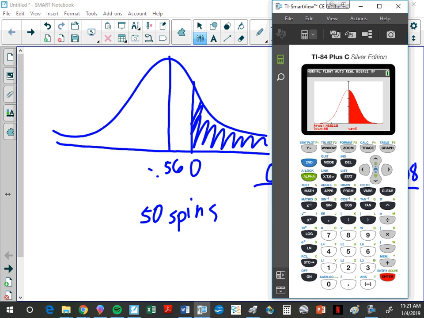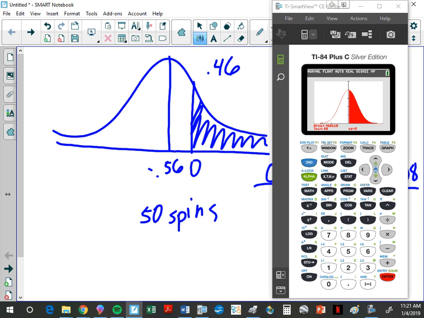And we get 0.46. What does that mean? So if we play 50 times, 46% of the people will come out ahead. Right? That seems pretty good.